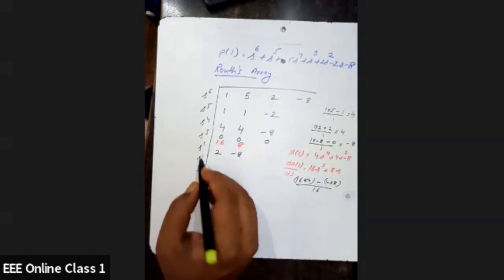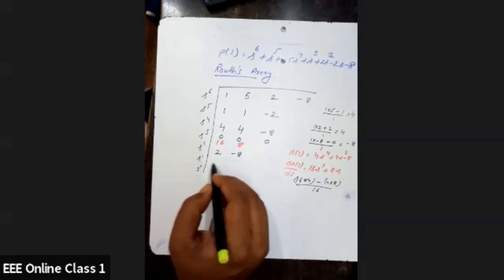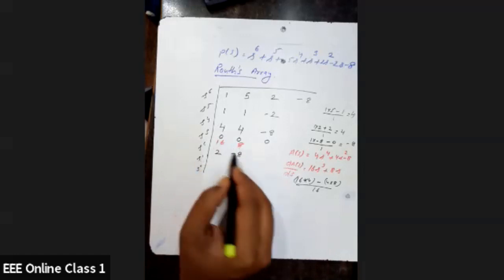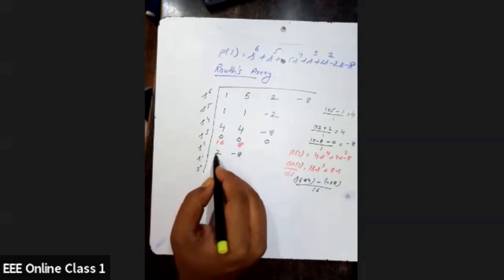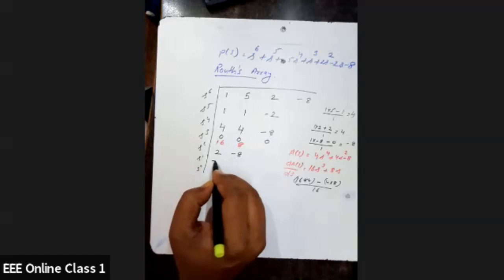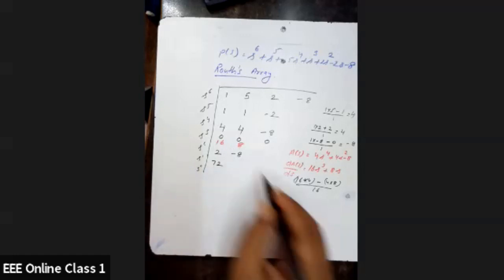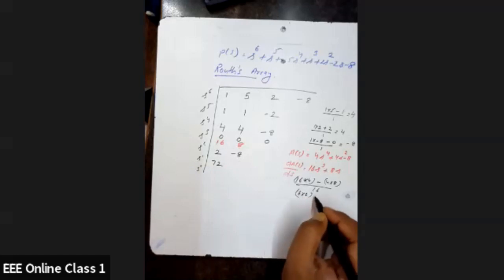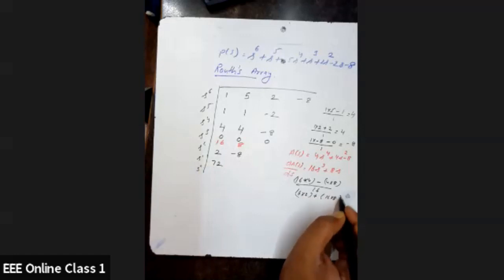Now let us find out the elements of the S1 row. This into this minus this into this divided by 2. So this will become 72. 8 into 2 minus 16 into 8 divided by 2.